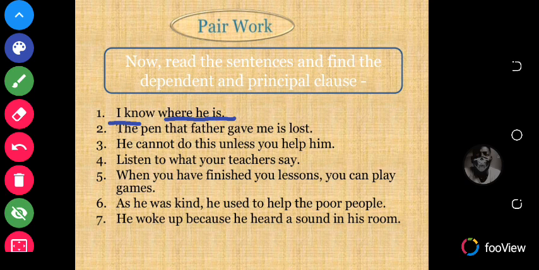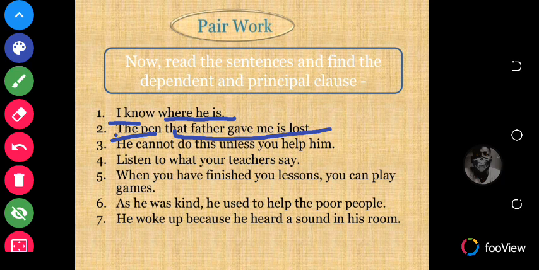This is because I know can stand on its own, and where he is does not make meaning when read as this. Example 2. The pen that father gave to me is lost. The pen is the main clause. That father gave to me is lost is a subordinate clause.